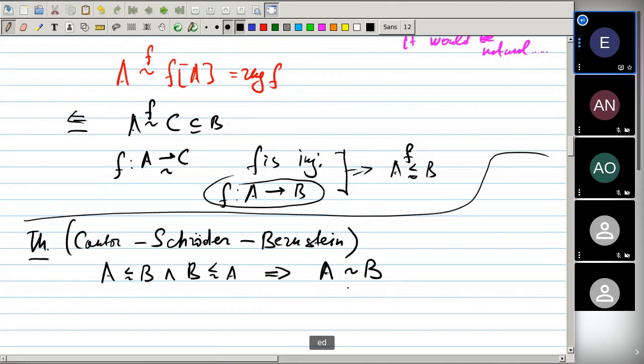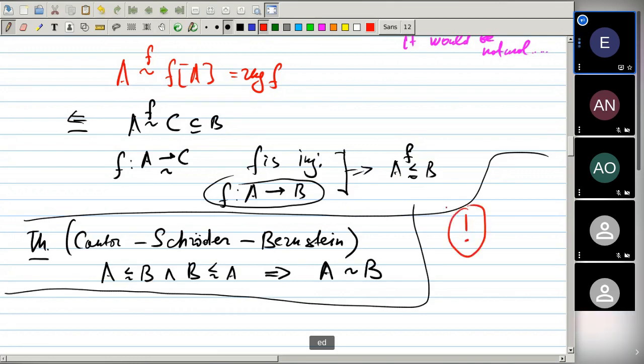And this theorem is very important, because it simplifies proving that two sets are equivalent a lot, because in general it is way easier to find two injections than one bijection.